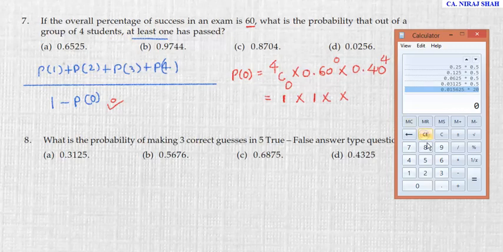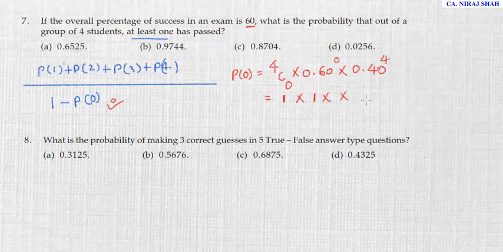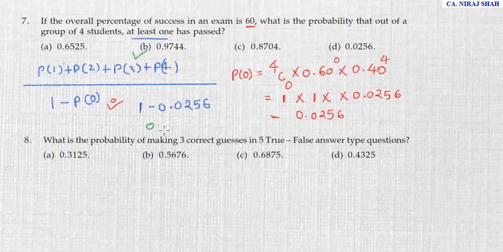Let's solve it by calculator. 0.4 into 1, 2 and 3 times equal to, it is 0.0256. So our answer of P0 is 0.0256. But now let's deduct it from 1. 1 minus 0.0256. So our answer here is B, 0.9744.